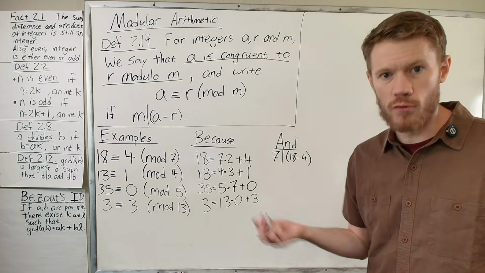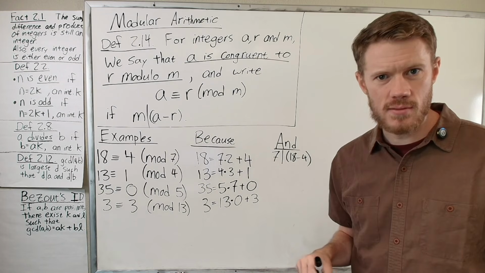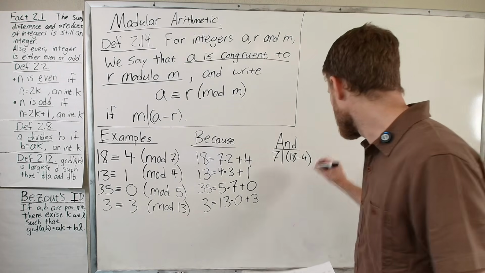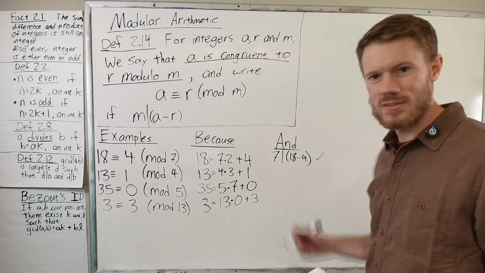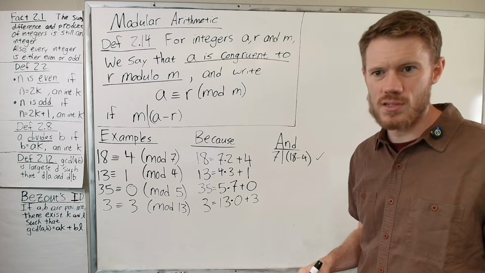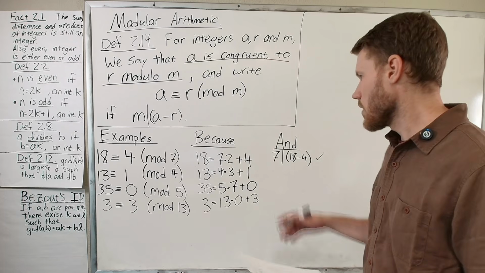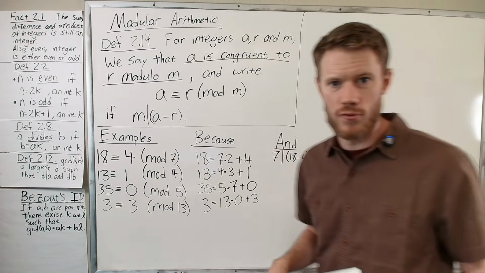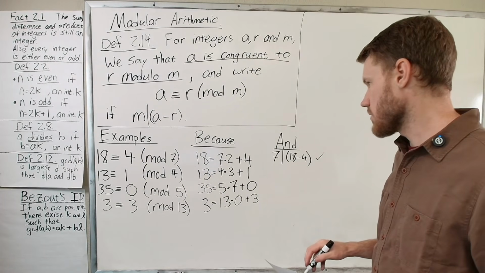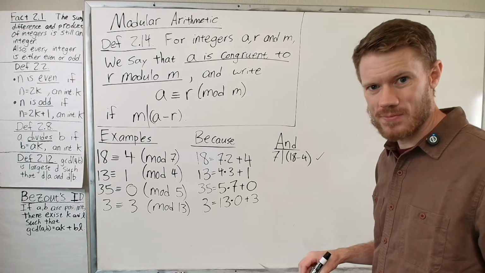Well, what's 18 minus 4? 14. Does 7 divide 14? Yeah, 7 does divide 14. So check. It's true, right? 7 does divide 18 minus 4. So that confirms that this is a true statement, that 18 is congruent to 4 mod 7.